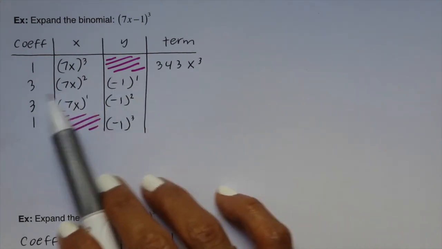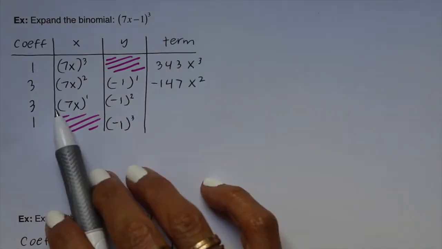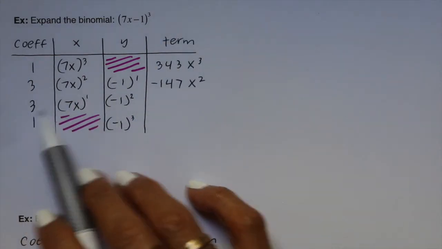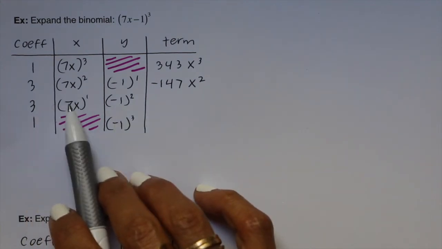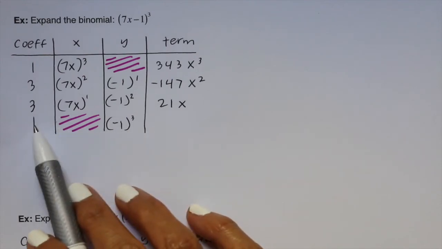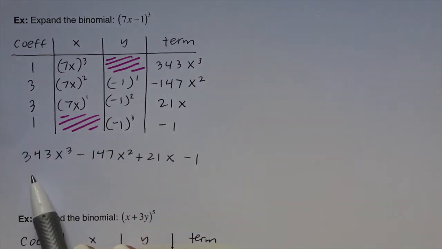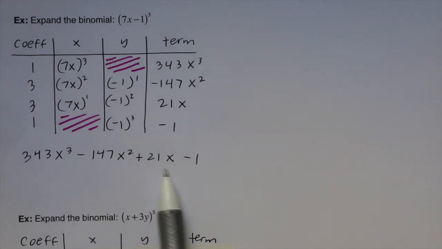So 49 times 3 is 147, and then we're multiplying that by a negative. Right here you have 7 to the 1 times 3, and negative 1 squared is positive 1. So you end up just getting 21x to the 1. And last row, when you multiply these, you get negative 1. So here's our binomial expanded. 343x cubed minus 147x squared plus 21x minus 1.